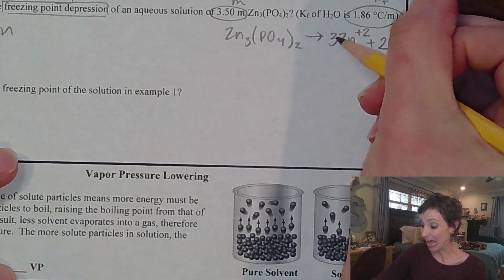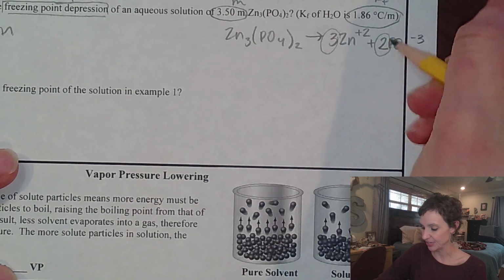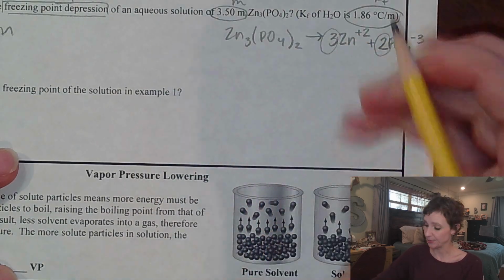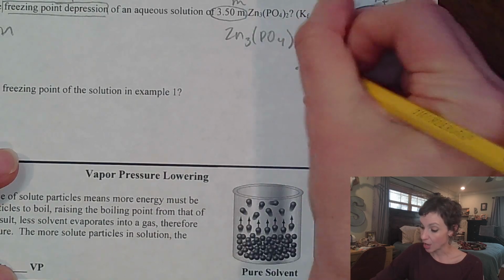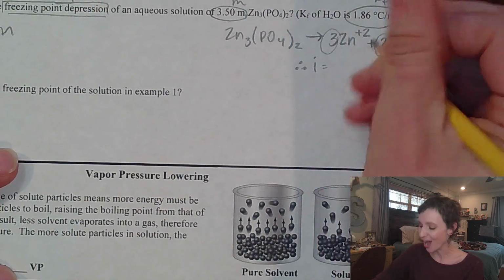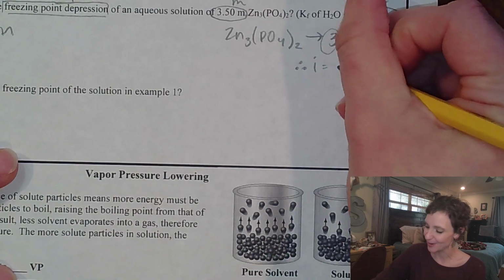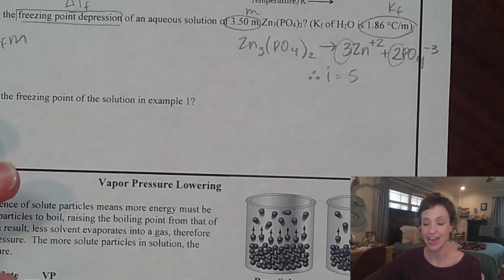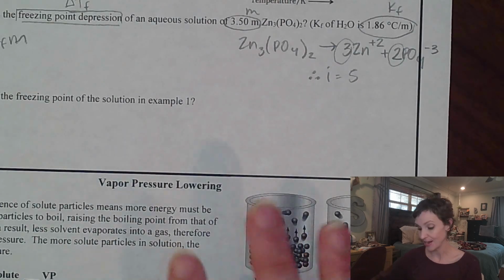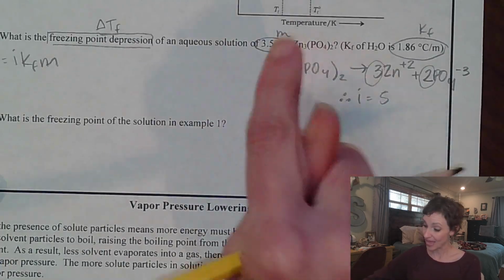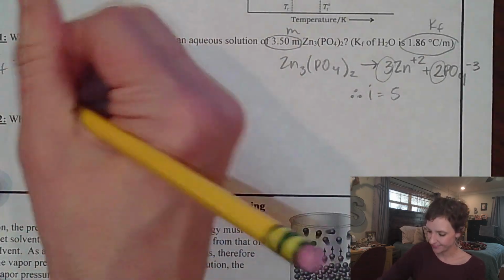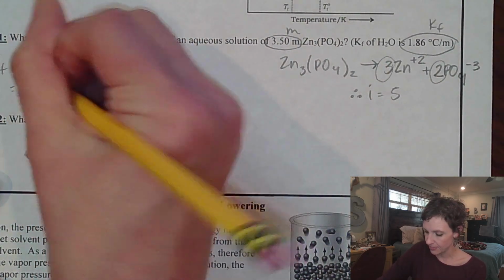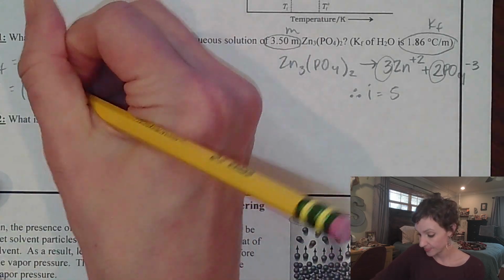Looking at how many total ions I have in solution, how many total particles, 3 + 2. That means my van 't Hoff factor, or my i, the number of particles created in solution, is 5. So we have an i, we have a molal, we have a Kf. We are ready to plug in and solve. i is 5.